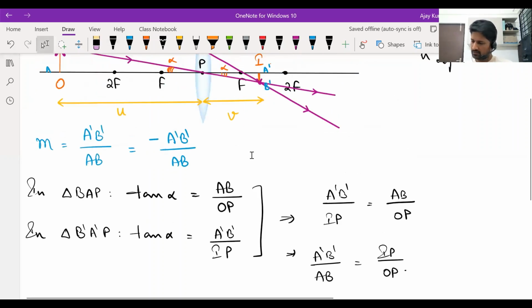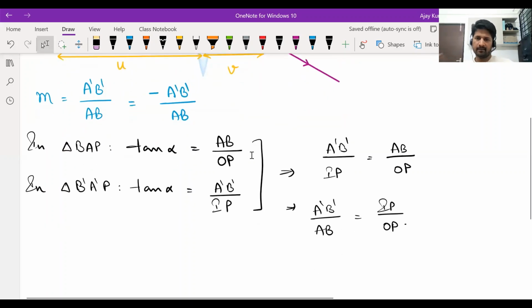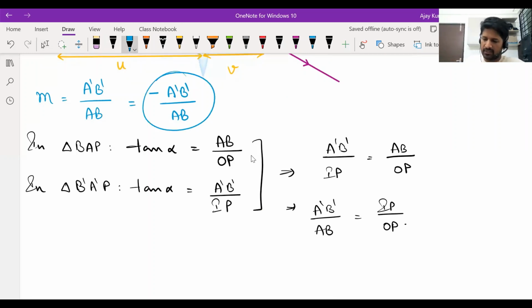Now here, I to P is on the positive side. That's fine. O to P is on the negative side. So what we are actually looking for is minus A dash B dash by AB. So magnification is negative of A dash B dash by AB, which is negative of IP by OP.